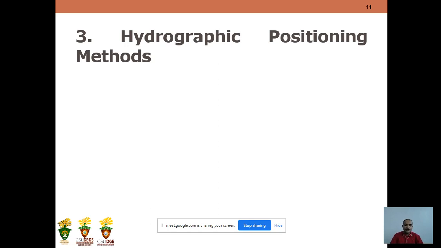So we should know the techniques on how to get the position of that certain location without compromising the accuracy of the surveys.